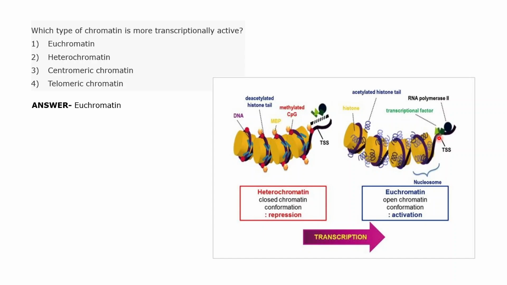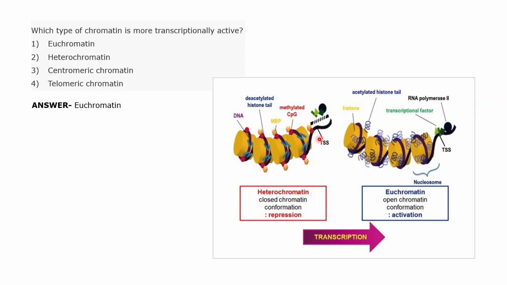Acetylation as well as demethylation of histones and other proteins bound to the DNA makes the DNA looser and more accessible to transcription factors. So chances are it will be transcriptionally active, and the transcription rate of the DNA at that region will be higher. That region of DNA is called euchromatin.